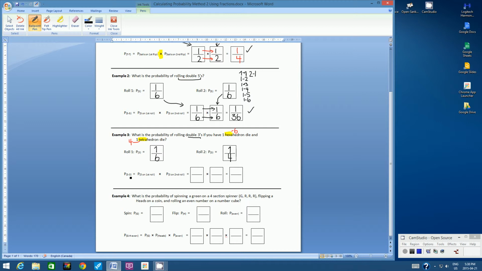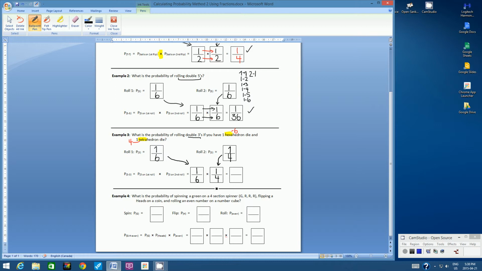So what is the probability of rolling a 3 on the hexahedron die and a 3 on the tetrahedron die? We take the probability of 3 on the first roll, which is 1/6, and we multiply it by the probability of getting a 3 on the second roll, which is 1/4.